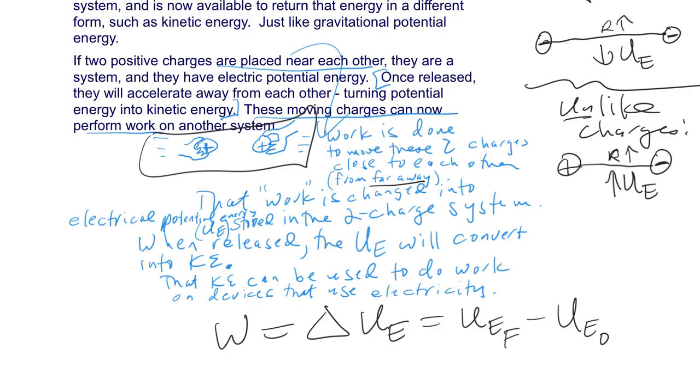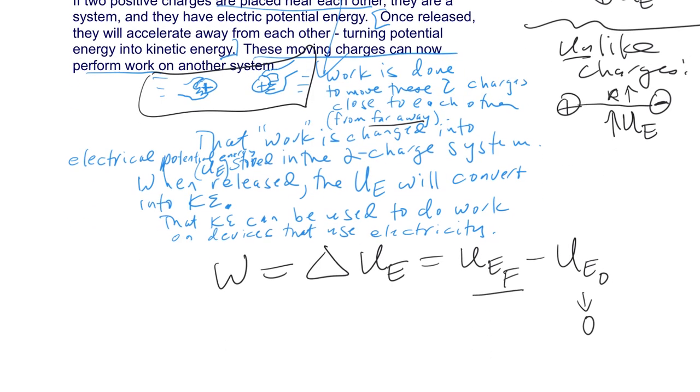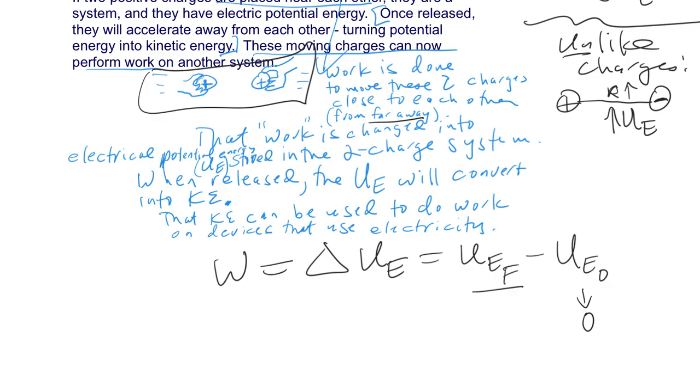So it'd be the final minus the original electrical potential energy. But if the charges are very far away, the original electric potential energy is 0, and the final electric potential energy is something big.